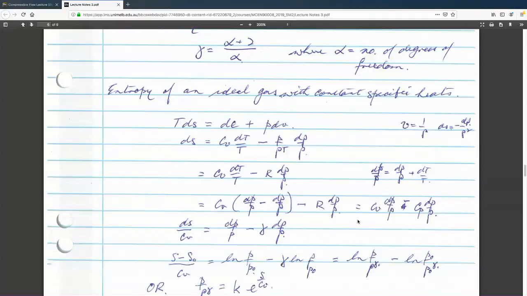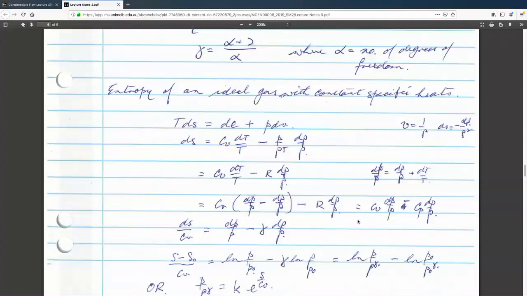So we can regard this as some sort of a constant, and this as a constant. And it follows that P over rho to the gamma is a constant, because if I took the logarithm of this, I'd have the logarithm of that plus the logarithm of that, which is a constant, plus the logarithm of this would be S over Cv.